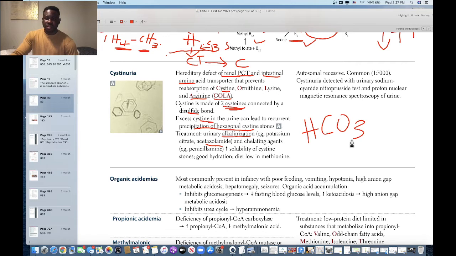So this bicarb should be reabsorbed so that we don't lose it in the urine, right? But for some reason, if we give acetazolamide, what's the name of the enzyme?